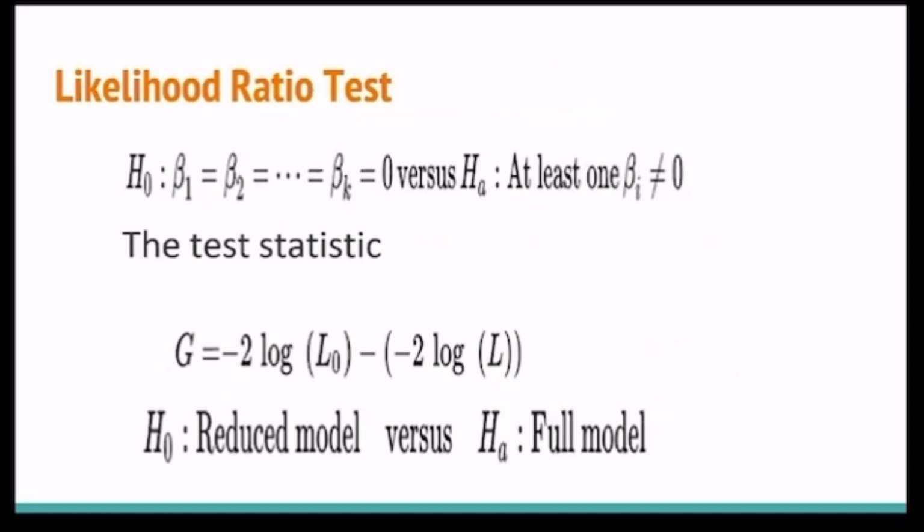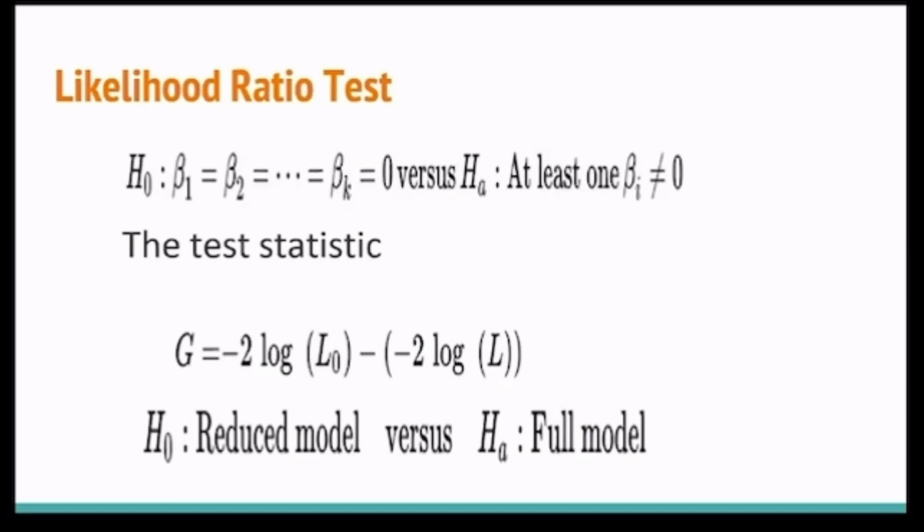We're also going to do something like that in logistic regression. Now I want you to take a look at the null hypothesis here. What is it talking about? The situation where beta 1 equals beta 2 equals beta k equals 0. What is H0 telling you? An intercept model, right? That is what H0 is telling you.